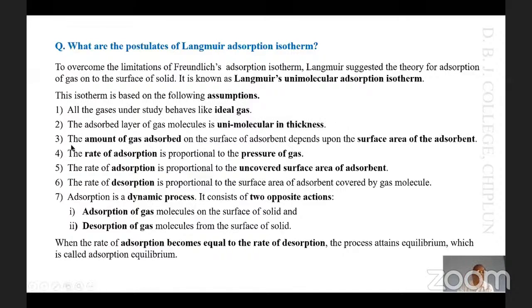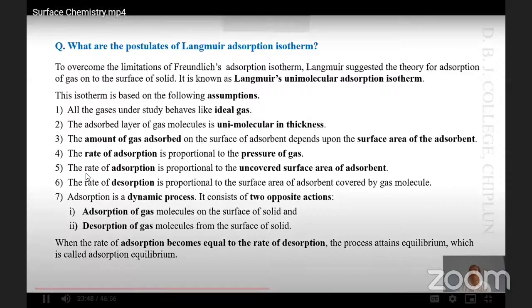The next assumption is that the amount of gas adsorbed on the surface of an adsorbent depends upon the surface area of the adsorbent. Larger is the surface area of the adsorbent, larger will be the amount of gas that gets adsorbed on its surface.